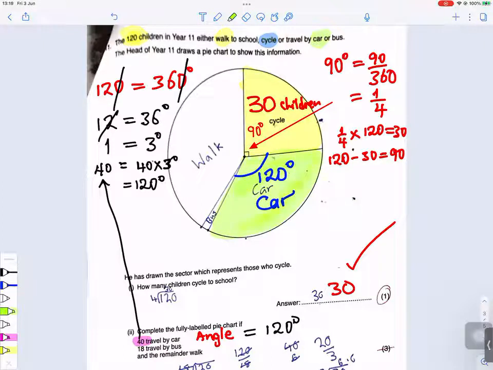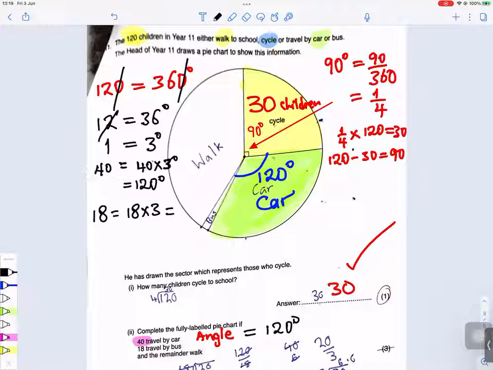Now, 18 travel by bus. If one of them is 3 degrees, what would 18 be? 18 times 3 is 54. Congratulations.